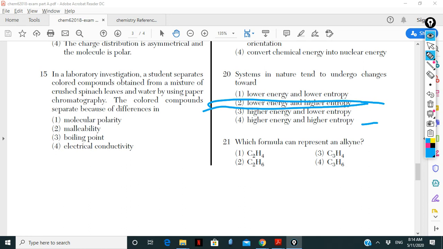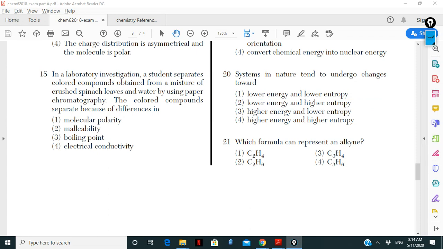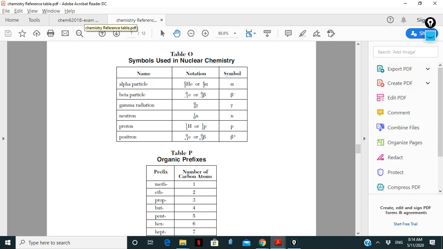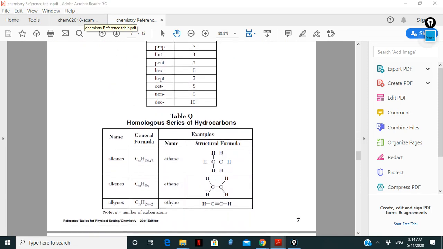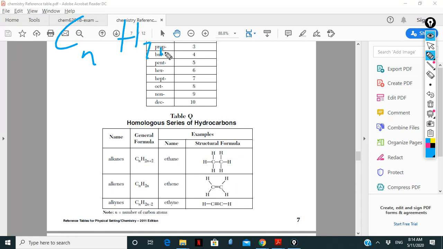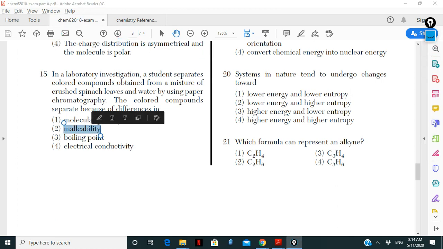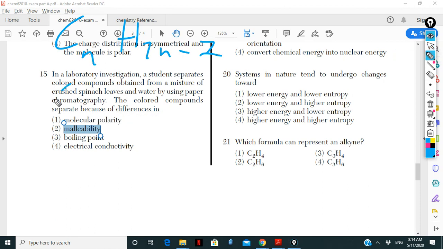Which represents an alkyne formula? For the alkyne formula, you have to go to the reference sheet. You should follow CnH2n minus 2. Now I'm going to apply the formula to these compounds one by one. For C2, it should be H2 times 2 minus 2, which gives me C2H2.